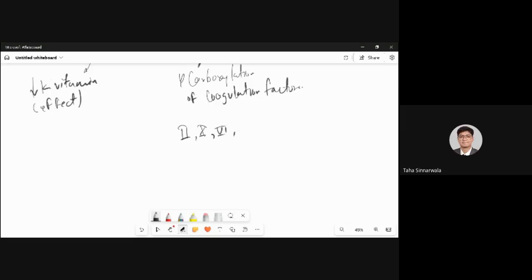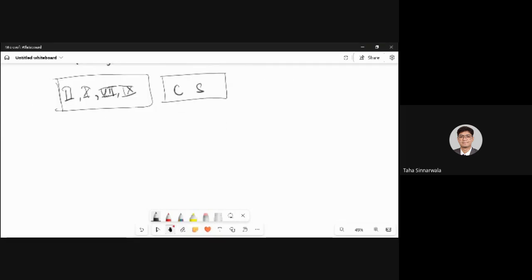Now, besides these factors, there are 2 more which are decreased, and these are proteins C and S. Now, the simple explanation is, what do you think they'll do? Will they increase or decrease production of a clot? Are they anti or pro-coagulation? Procoagulation. Pro-coagulation, okay.